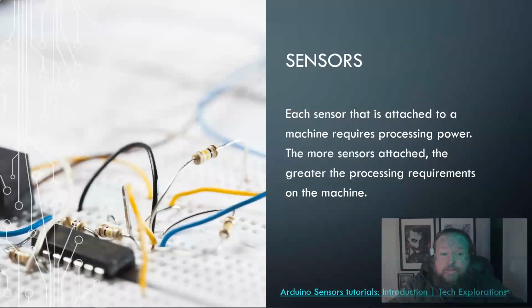So you need to think about these things as part of your project. Because if we go into sensors to start with, for example, and this really goes for effectors and actuators as well, each sensor that is attached requires some processing power and requires some actual physical power. So the more sensors you attach, the greater the processing that's required and the greater the amount of power that's required. As you've seen in some of the basic examples as we work through with Arduino, you're hooking it up and there may be libraries that do some work for you, but you still need to write your own code.